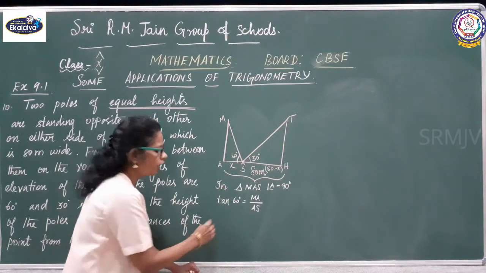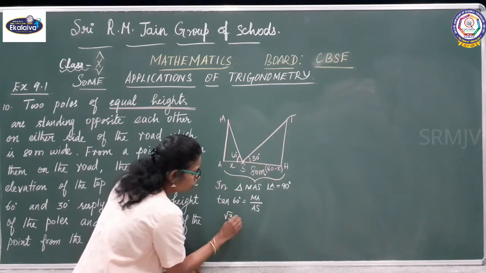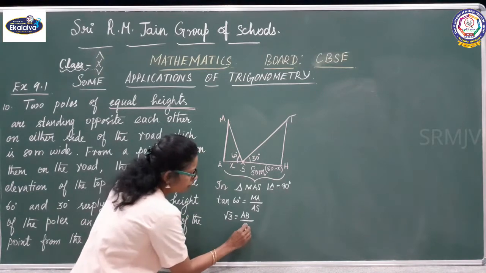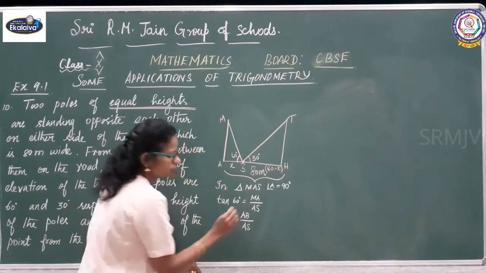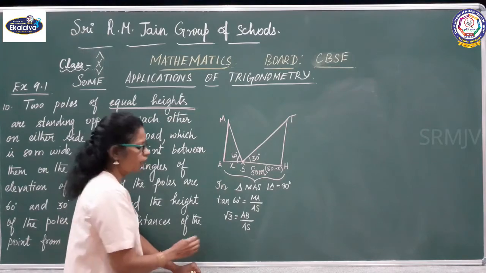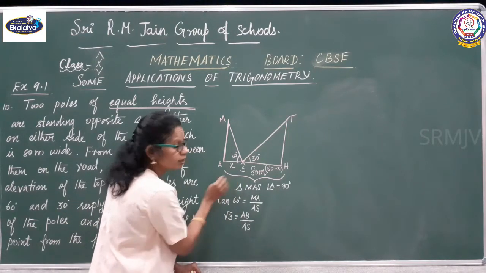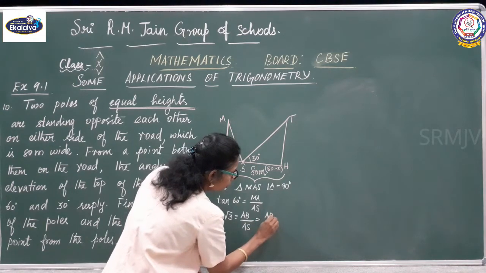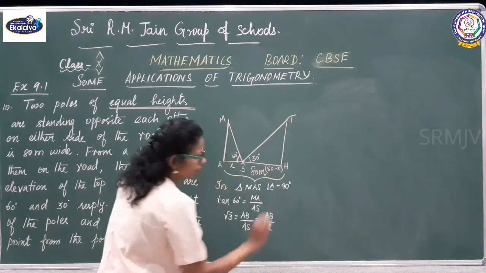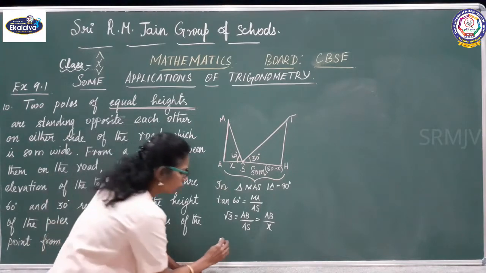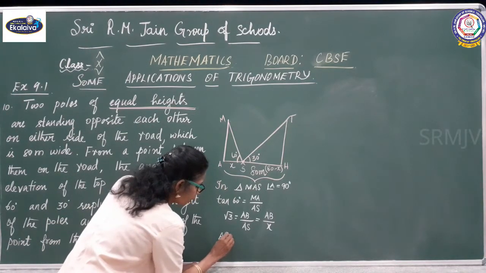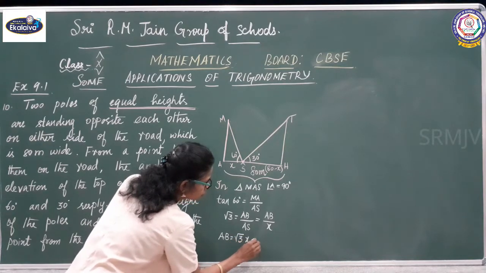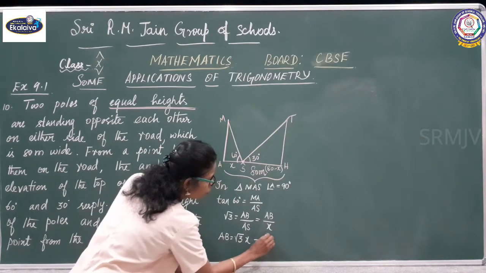You know very well, root 3 equal to MA divided by AS. AS, what we consider here, children? X. So, MA divided by X. Now, what is MA? MA equal to root 3x. That is equation number 1.